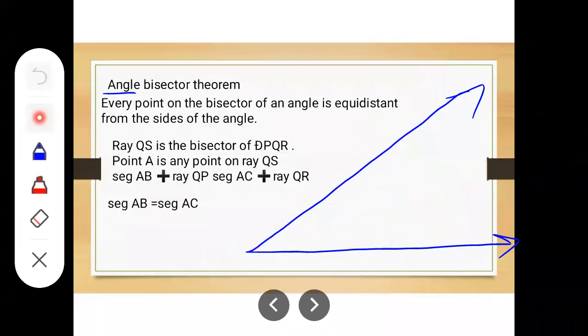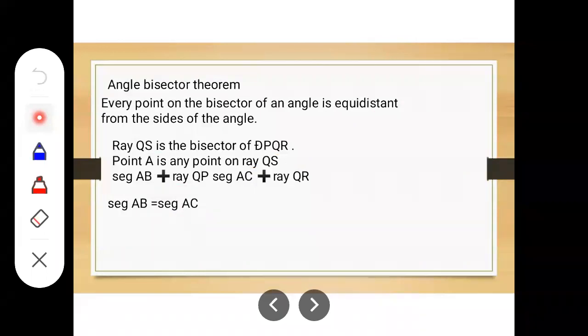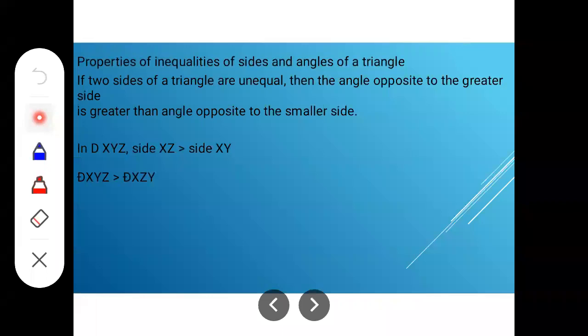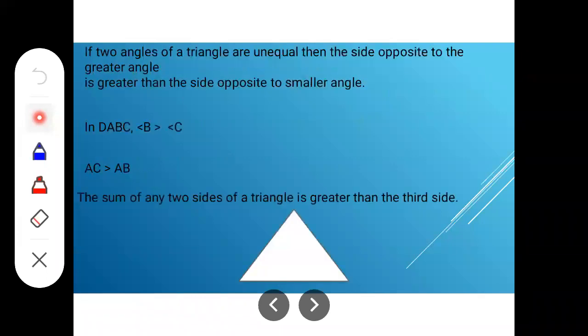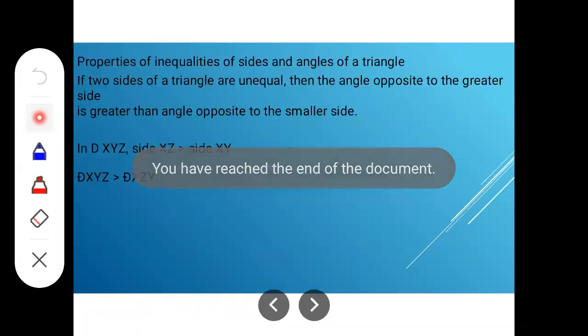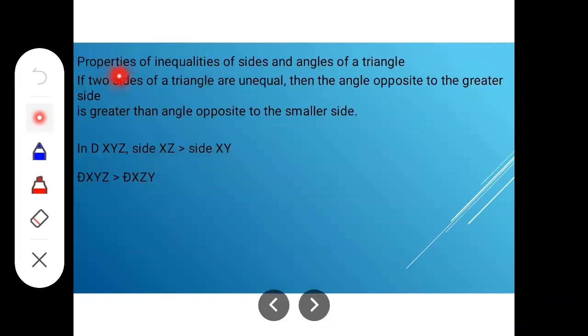Now the last theorem we will see here. Properties of inequalities. One more is again here. Those are the two. Properties of inequalities of sides and angles of a triangle. Regarding a triangle, the sides are unequal, that is, sides are not equal.